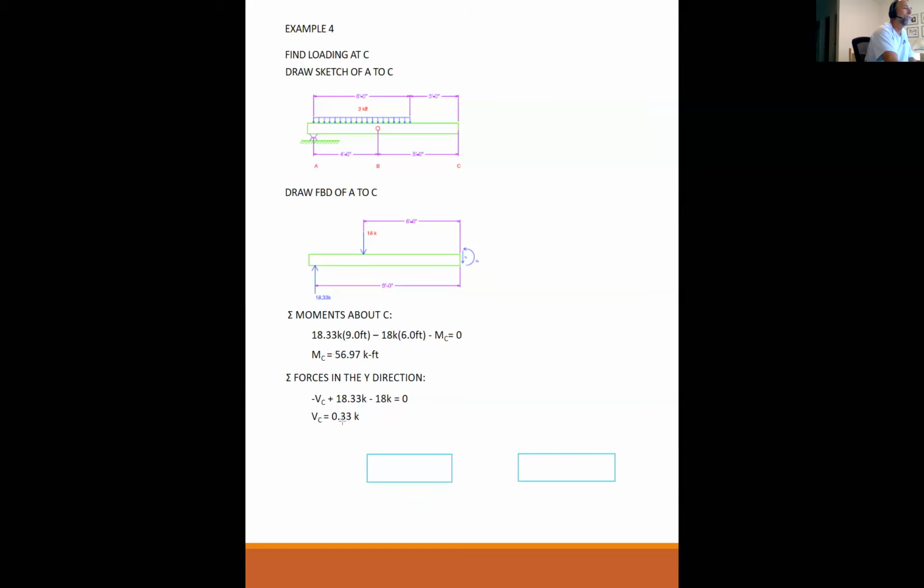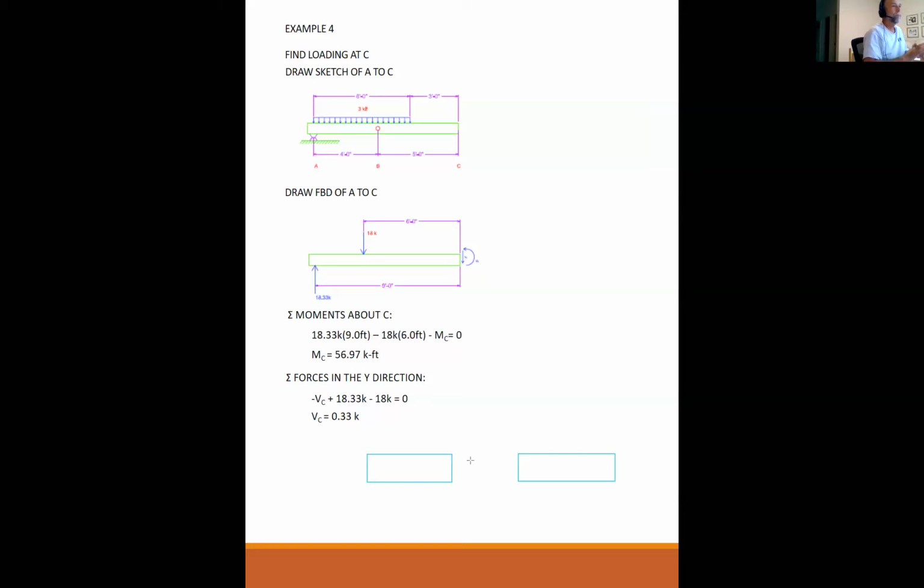We're just looking at the shear and the moment at one point. And then we go through all this again to get the shear and moment at another point. That's not very convenient. Later on, we're going to learn techniques so that you can get the shear and moment at all points with a shear and moment diagram. But when we do the shear and moment diagrams, what we're going to learn is that we have to have a consistent sign convention.